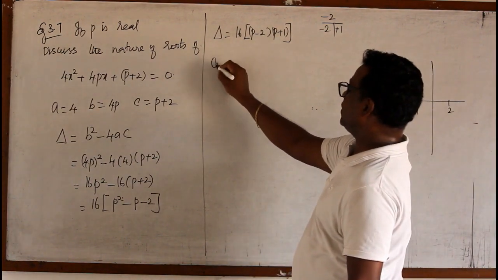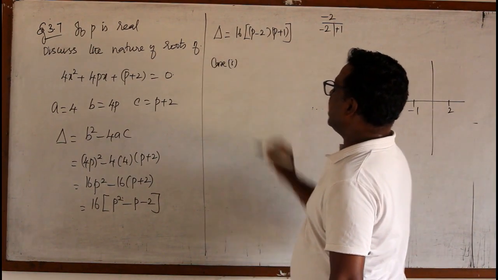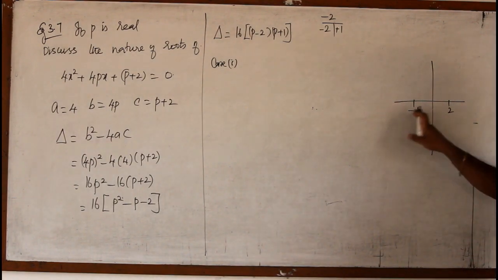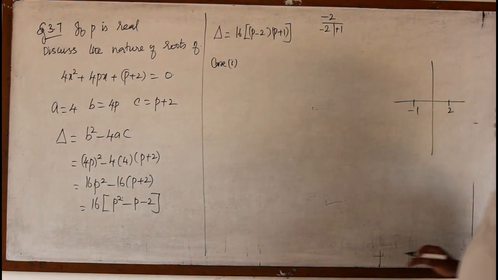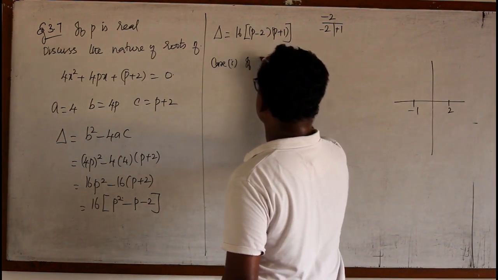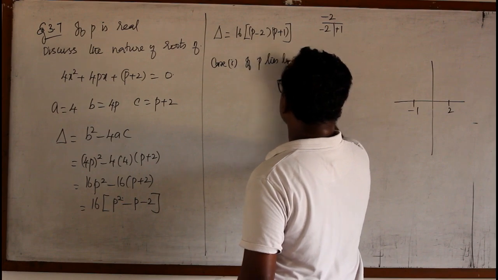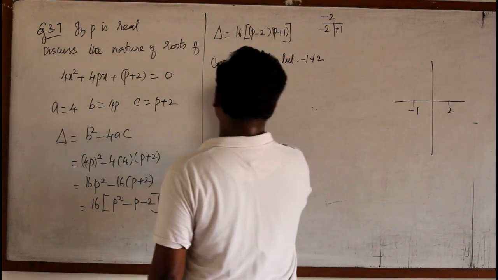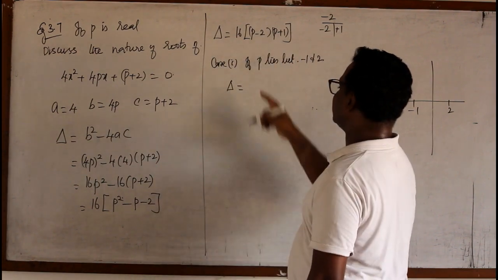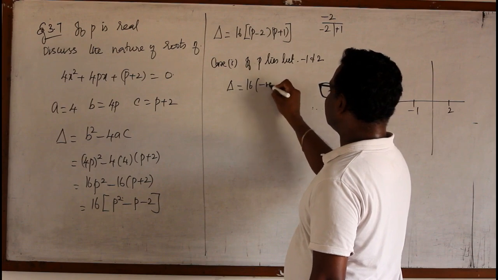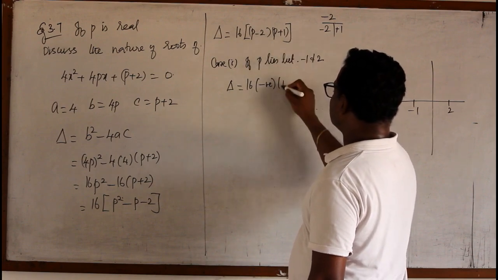Now, case 1. As I have to find out the nature of roots, I have to discuss about this p. Suppose p lies between minus 1 and 2, and if I take any value, say 0, then it is 16 into 0 minus 2, which is negative, and 0 plus 1, which is positive.